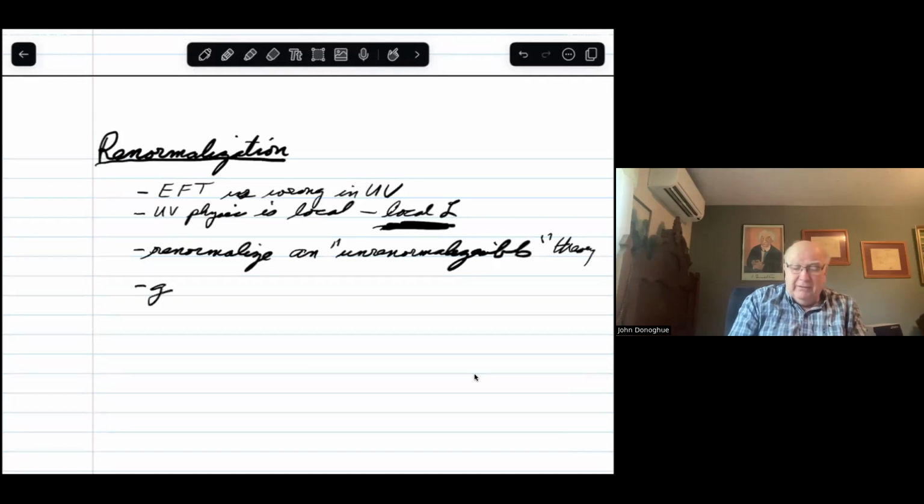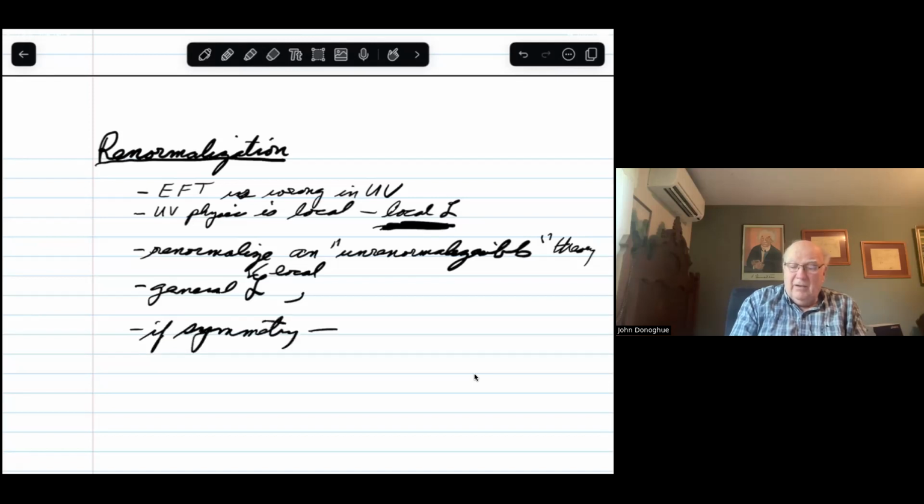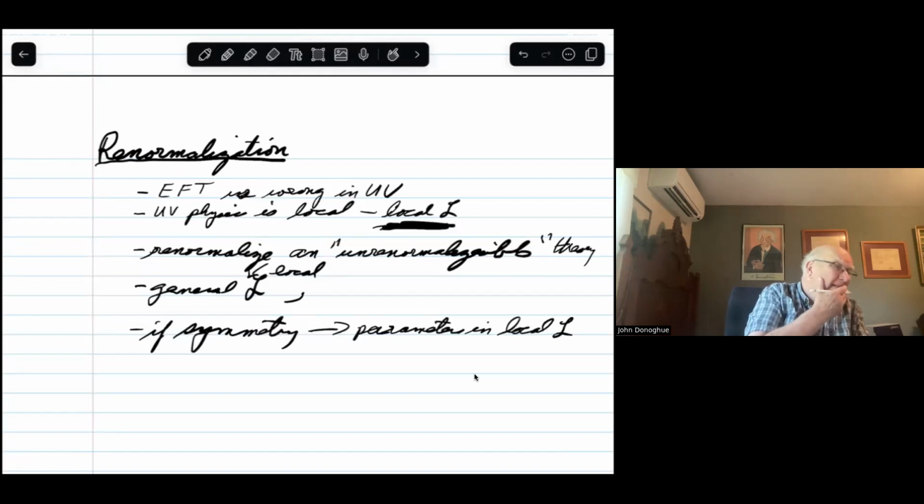You write out the general local Lagrangian consistent with symmetries. Divergences are local if they preserve the symmetries. They can be renormalized into parameters in the local Lagrangian.